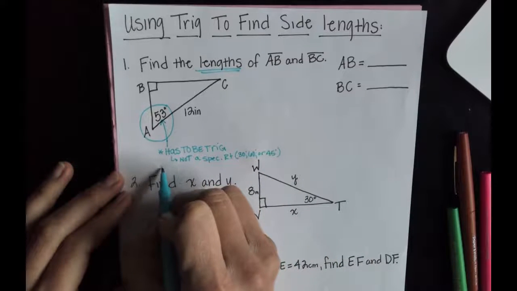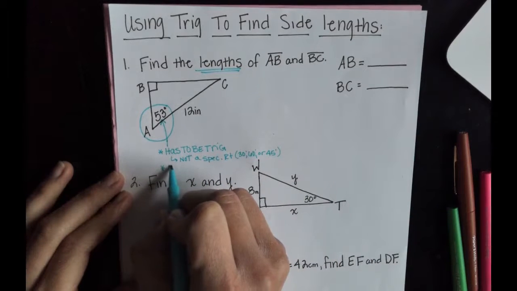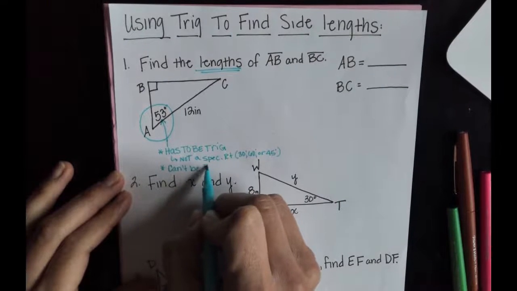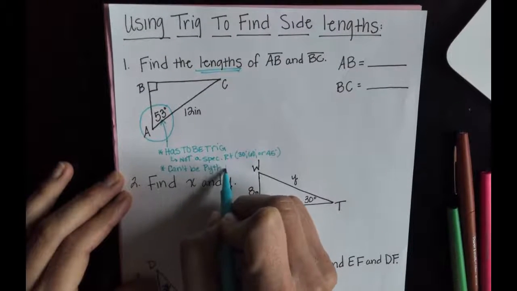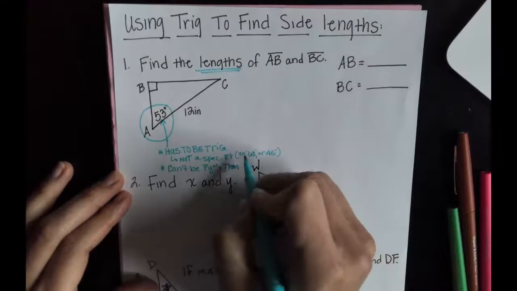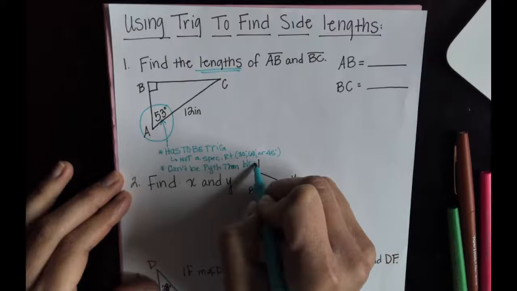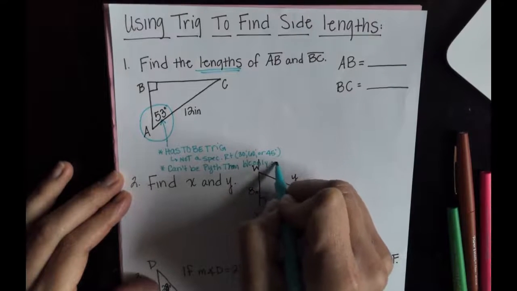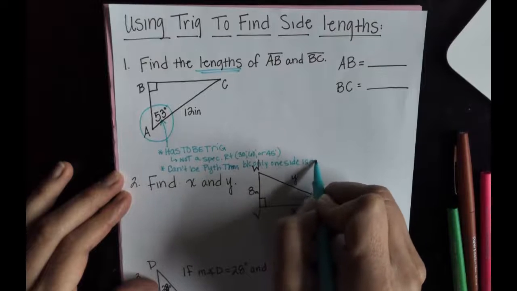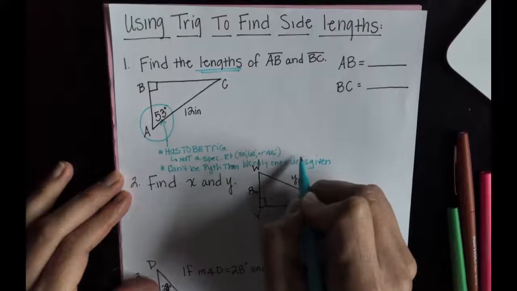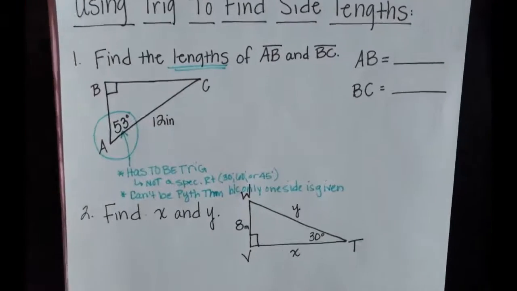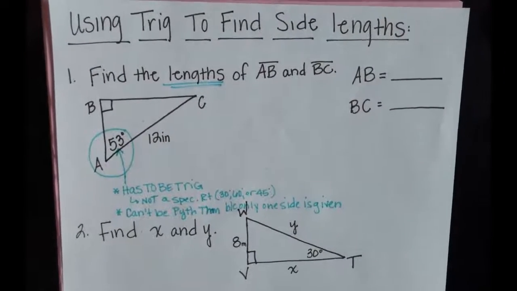We also know it can't be the Pythagorean theorem because only one side is given. So we need to make sure that we're recognizing what we're picking, not just how to do it.